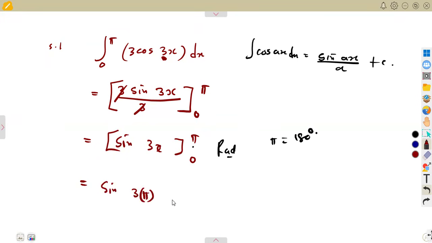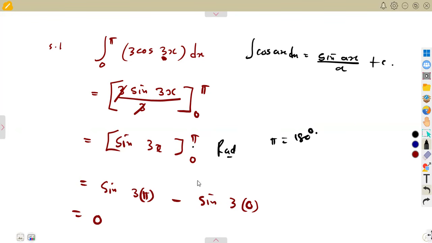Working upper limit minus the lower limit that you are given, with our calculator in radians, we are going to obtain a 0 at the end. That's 0 minus 0, which is 0. If you're using 180, it is still the same thing. It was going to be 3 times 180, so that was going to be a 0 and a 0.